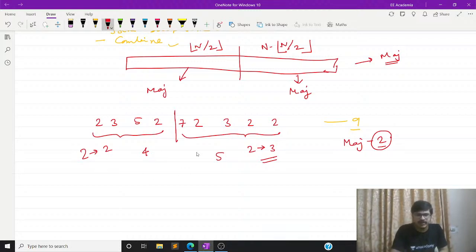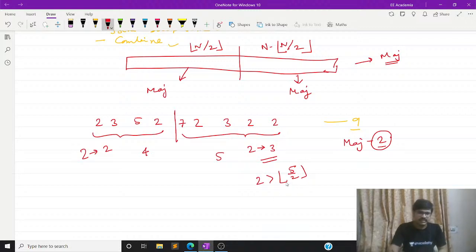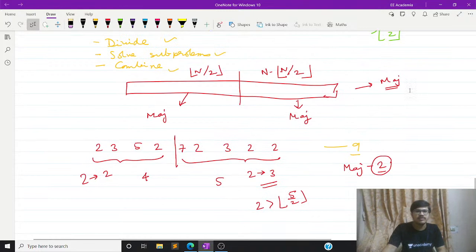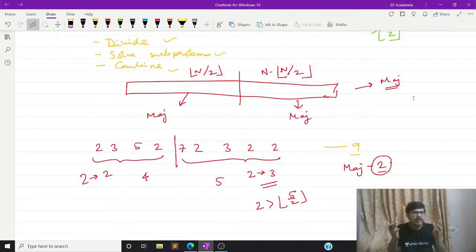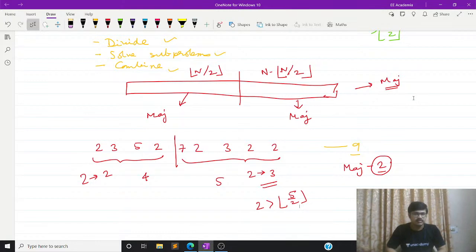Maybe not in the left half, but in the right half it is the majority element, because the frequency of 2 is greater than 5 by 2 floor, that means it is greater than 2. So this is a very crucial observation which you need to find. If you get this observation, then the next step is how to solve these subproblems recursively and how to combine the results.